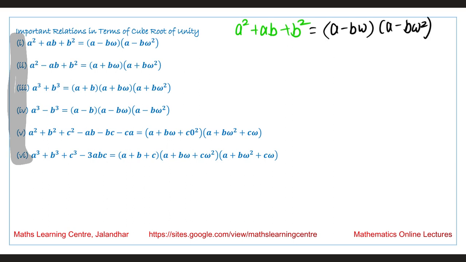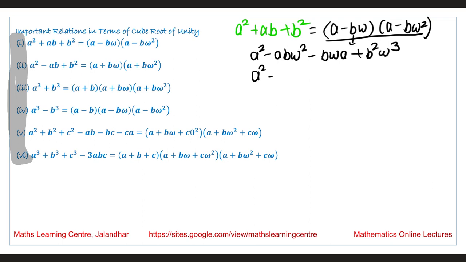You can verify this result by multiplying: you get a square minus ab omega square minus b omega a plus b square omega cube. So this gives us a square, we take minus ab common, we are left with omega plus omega square, plus b square omega cube, which is equal to 1.